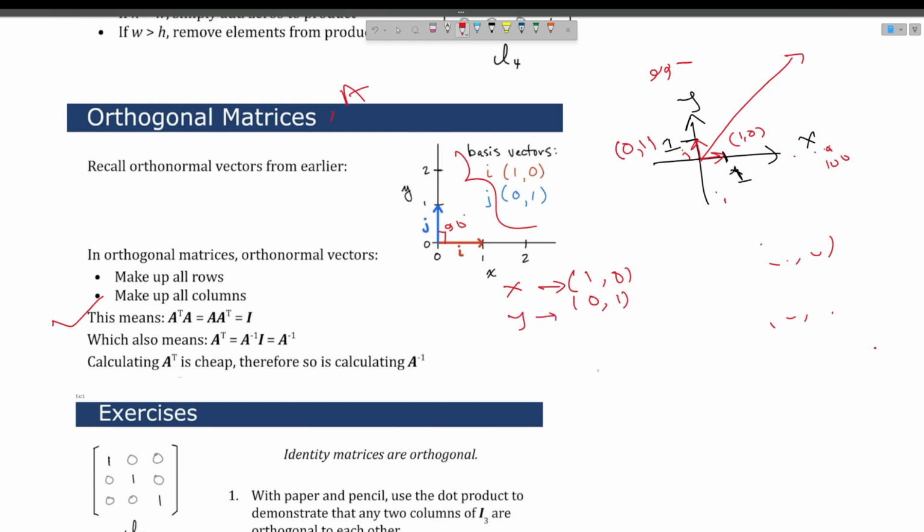So we can create a matrix using that. The orthonormal vectors make up all the rows and all the columns, so if you create the rows and columns, you can easily get that. It doesn't matter how you form this one. You just form 1, 0, 0, 1.